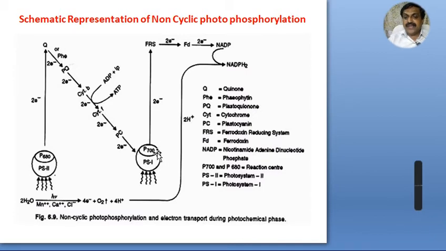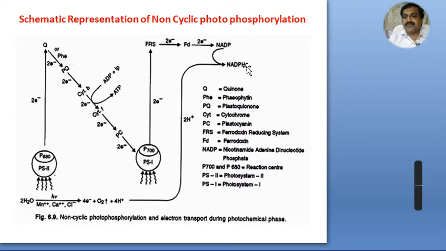When it goes to an excited level, one of the valency electrons of the chlorophyll A gets expelled from this excited chlorophyll A molecule P700, and this electron passes through an electron acceptor called ferredoxin reducing substance, and later from ferredoxin reducing substance to ferredoxin, and again the electrons are accepted by NADP, and NADP gets reduced to form NADPH2.